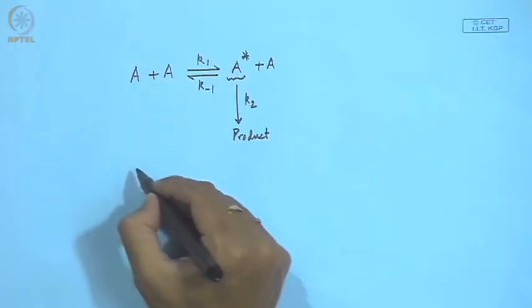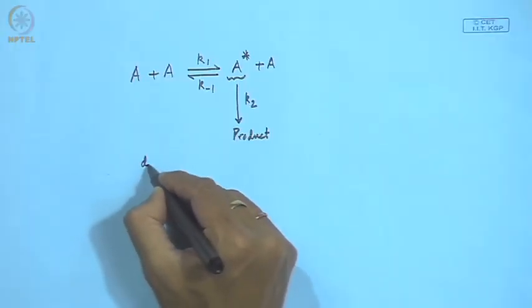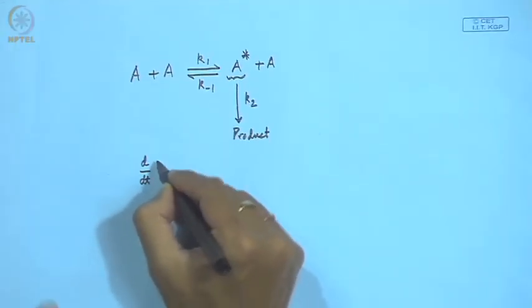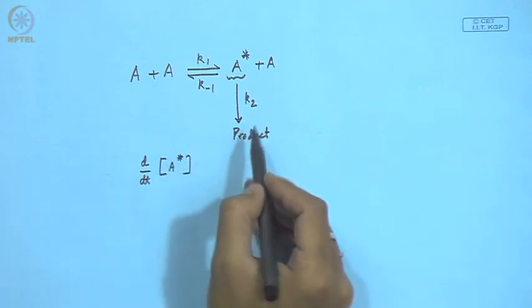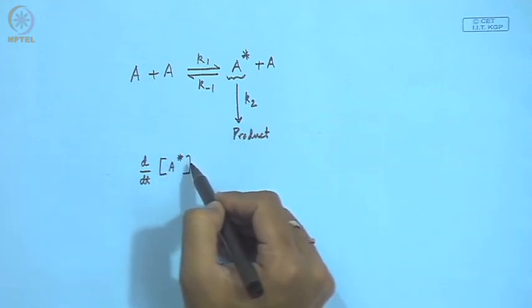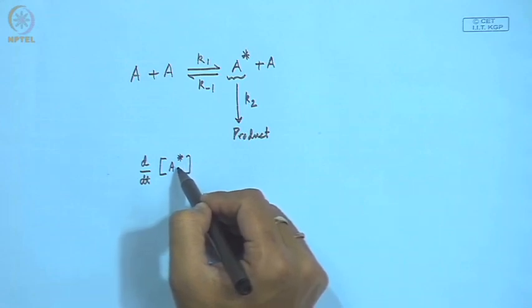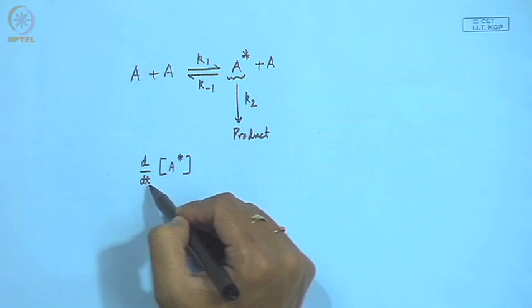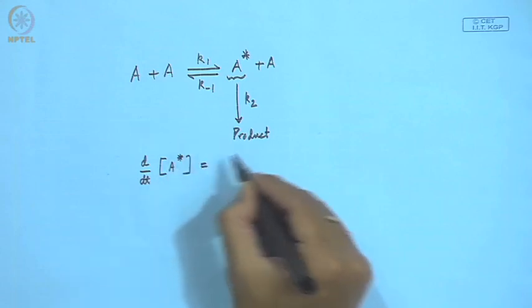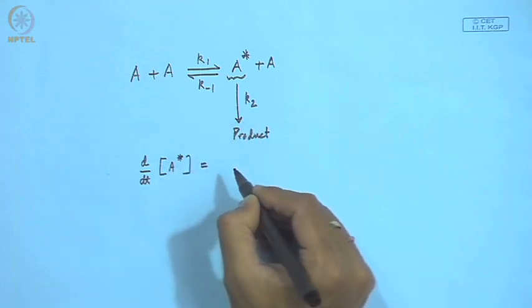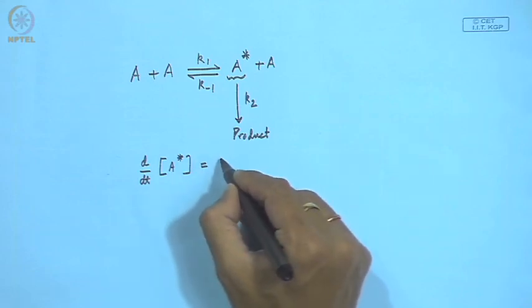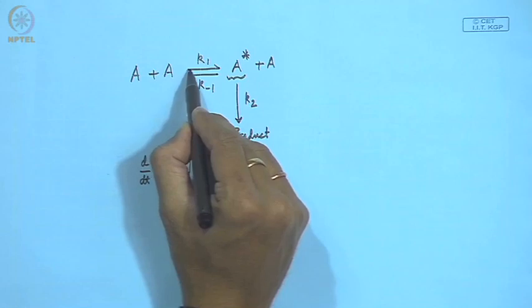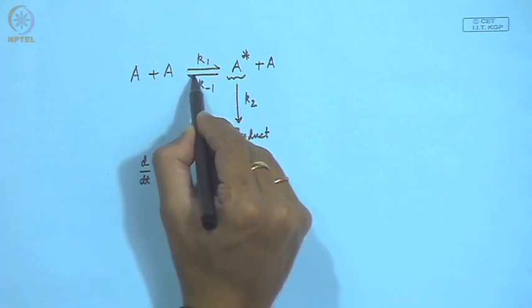Okay. So, d dt of A star, the time rate of change of A star. The rate of formation is K1, since this is one elementary step and this is another elementary step.